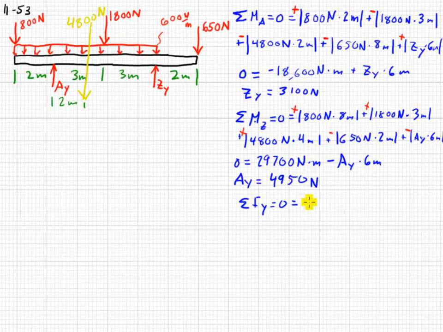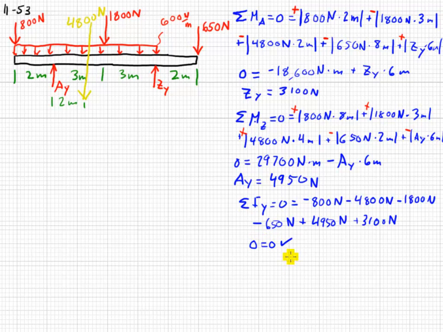So let's take all of our applied forces, 800 newtons minus 4,800 newtons minus 1,800 newtons minus 650 newtons, then add to that AY and ZY, 4,950 newtons plus 3,100 newtons, and when all is said and done, 0 equals 0, and that checks out.